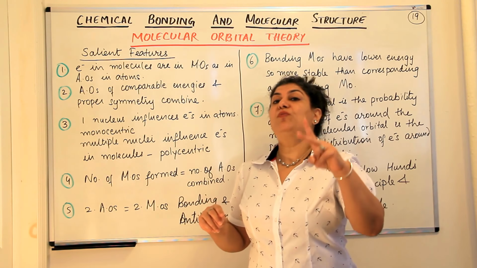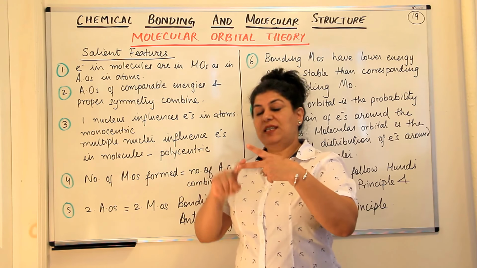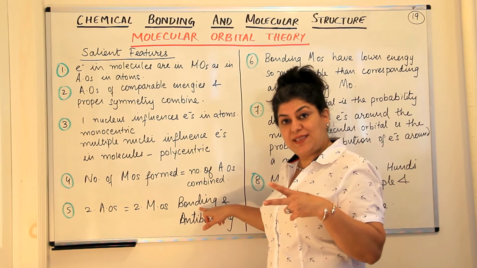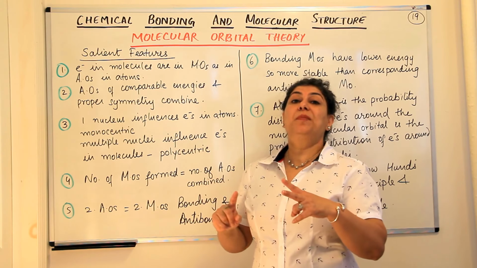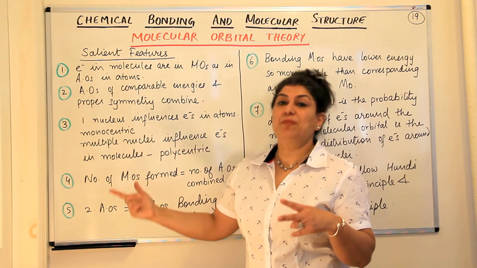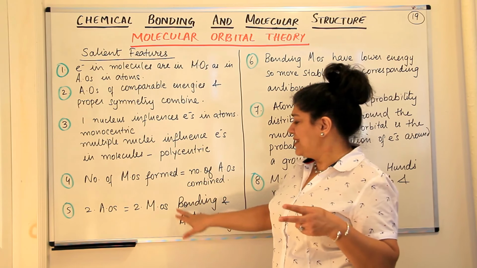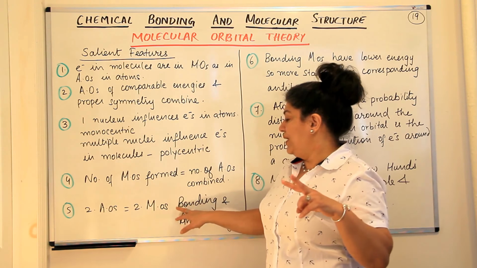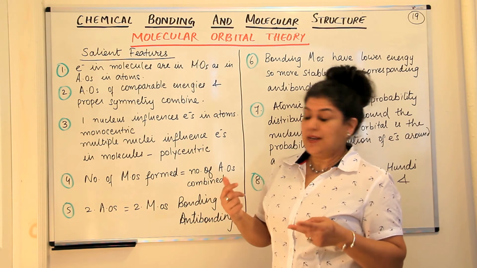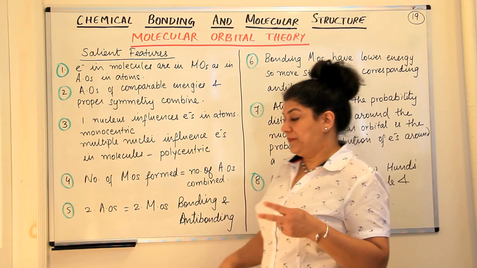Then you will get two molecular orbitals. One would be sigma bonding 1s and the other would be sigma star, the sigma anti-bonding 1s, which means that you get two orbitals. One is the bonding orbital and the other is the anti-bonding orbital.